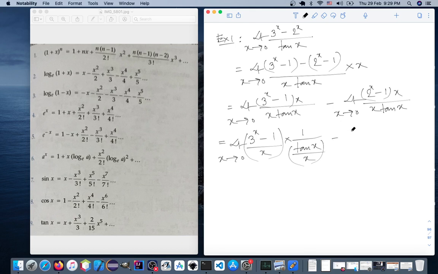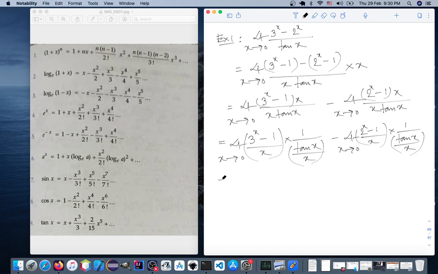Similarly for the other term, we bring this x down with 10x. Now we have all the standard results, we can apply them.